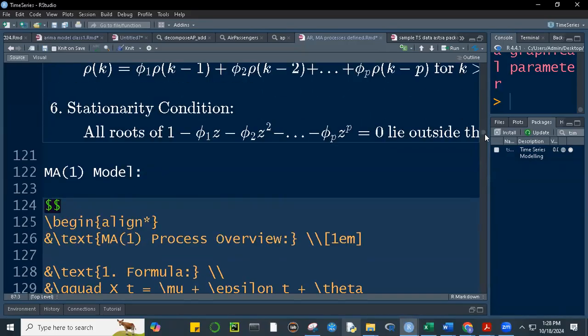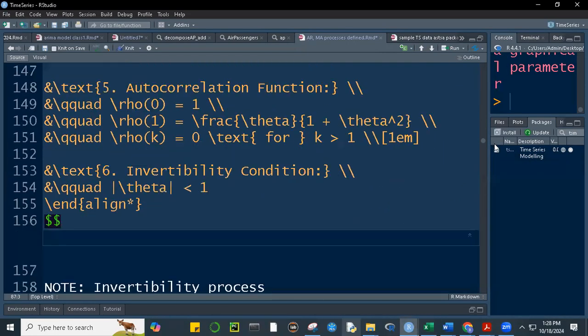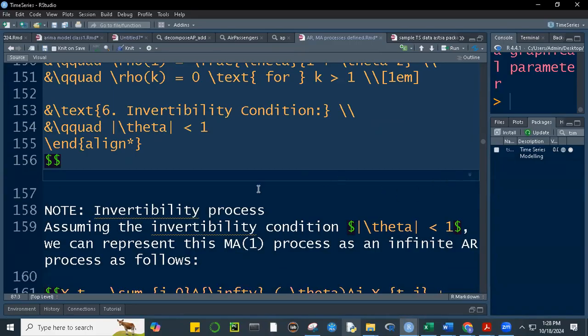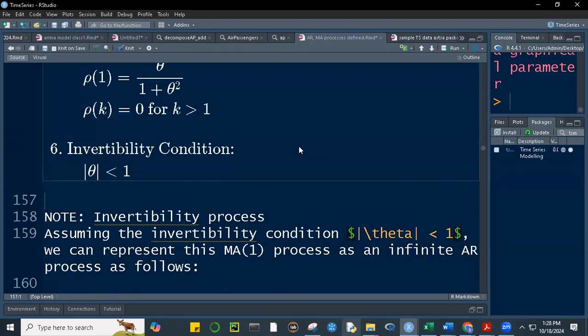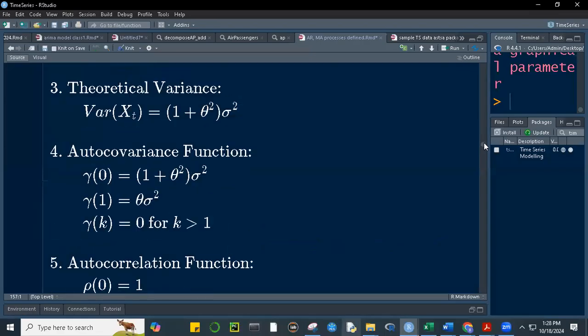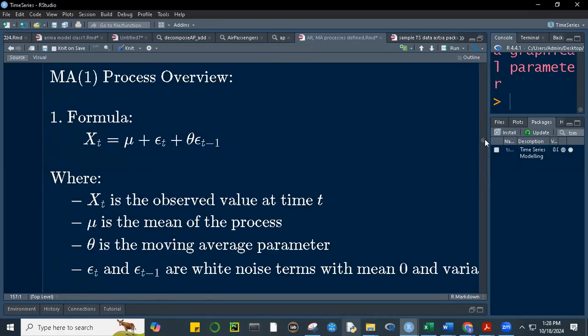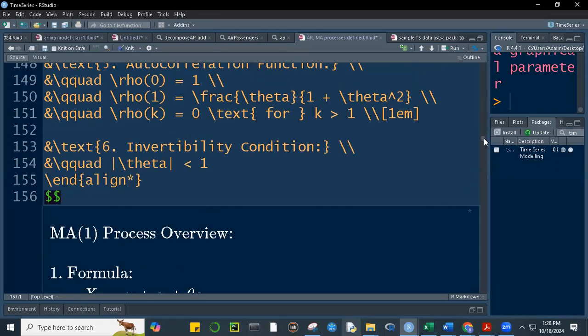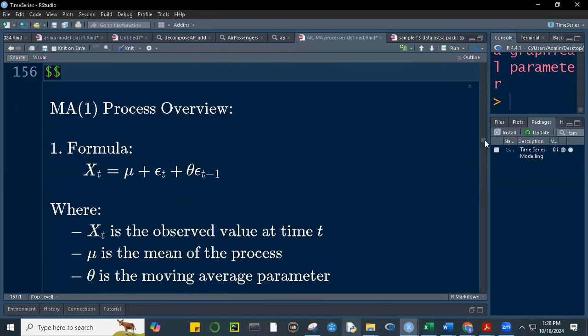What distinguishes your AR process, class, from your MA process? The MA is also similar, right? MA1, MA2. Okay, so let me just show the model for an MA1 process. So this one, class, is our model. And take note, class, that in the MA model, the constant is your mean, mu.